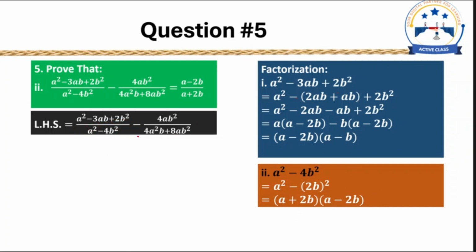Likewise, this 4a squared plus 8b squared, simply we can take 4ab as common, and there remains a plus 2b as the other factor. We replace all these numerators and denominators with the factors that we have calculated right now.